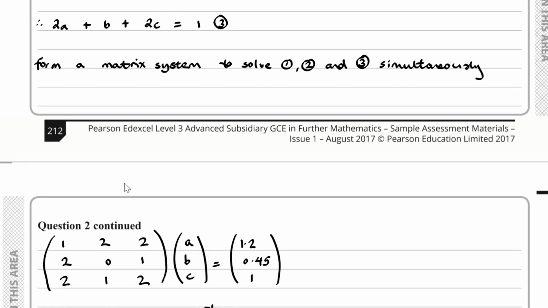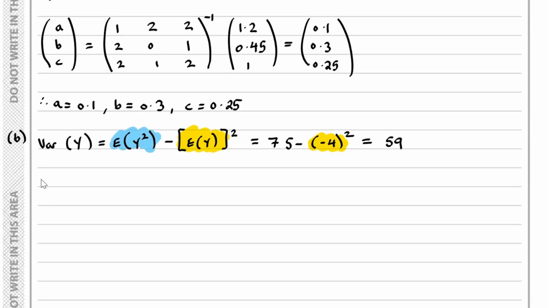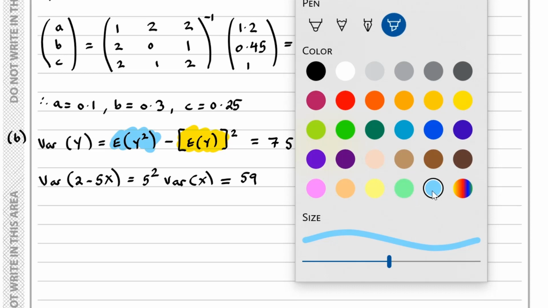And we already know what y is. We were told y, that's equal to 2 minus 5x. So the variance of 2 minus 5x, well, of course, that's just the same as 5 squared times the variance of x. And we know that this, of course, is equal to 59.